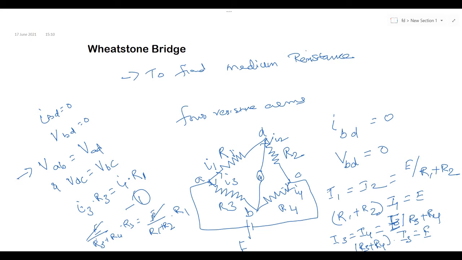So what will happen? R1 into R3 plus R4 is equal to R3 into R1 plus R2. If we expand this, R1 into R3 plus R1 into R4 is equal to R3 into R1 plus R3 into R2.